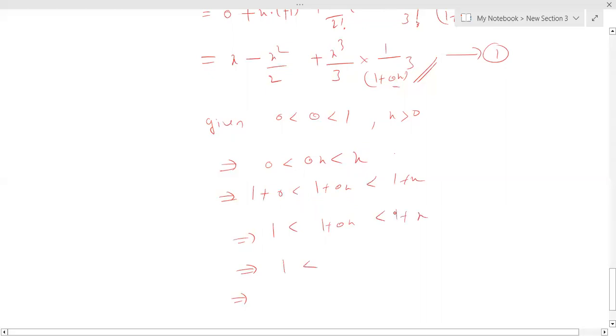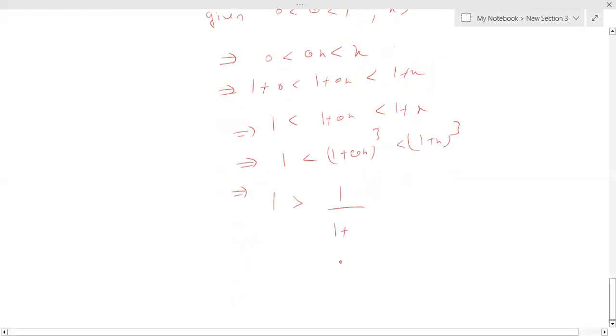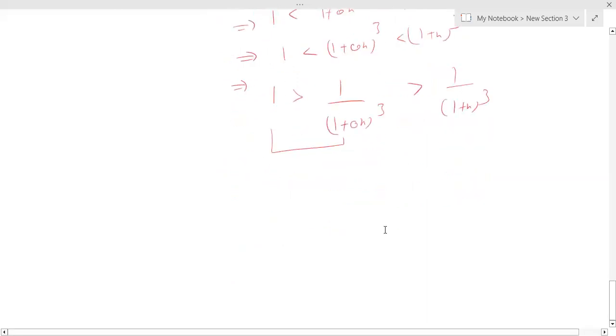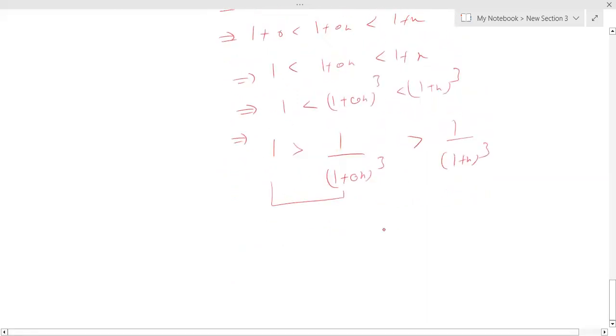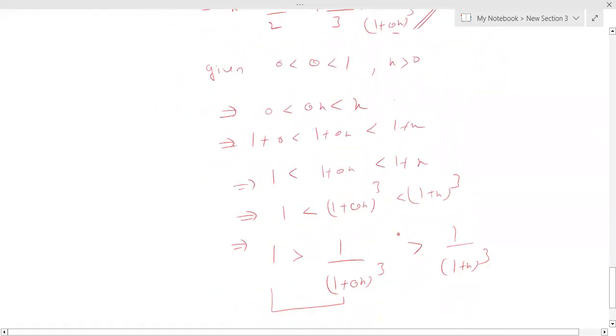Cubing on both sides, this value 1, 1 plus theta x whole cube, this value 1 plus x whole cube. Reciprocate, we get 1 greater than 1 by 1 plus theta x whole cube by 1 plus x whole cube. Taking these two, substituting this value in equation 1. Give this equation number 2.